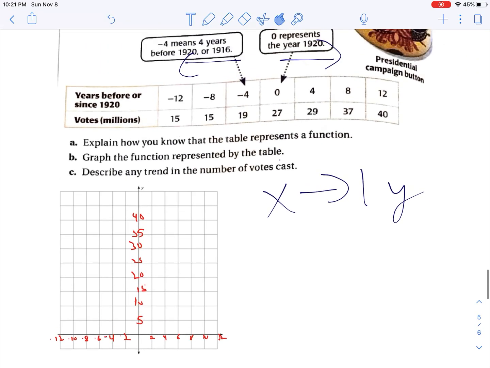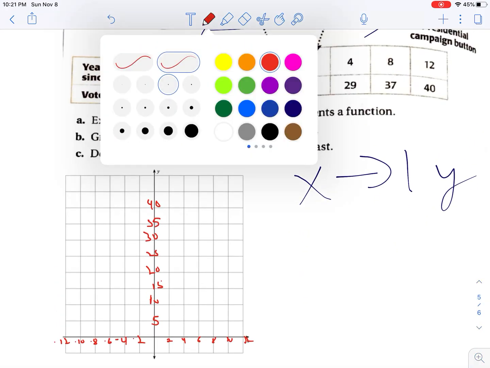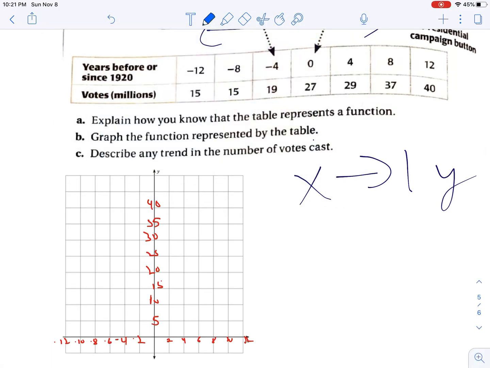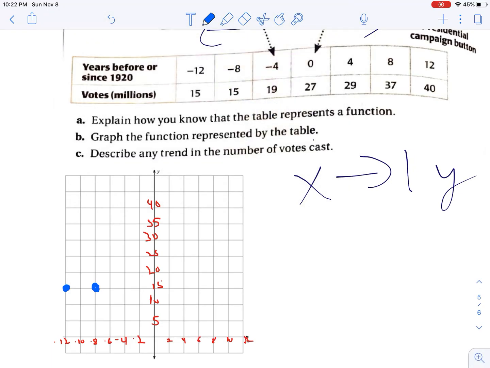Our first point is at -12, 15. So we are going to go back all the way to the left of -12, which is going to be on the last line of the graph. And we're going to go up to 15, and put a dot there. The next one is -8, 15. And then we are at -4, 19. So -4, 19 is going to be just before 20. And then now we're going to go 0, 27.